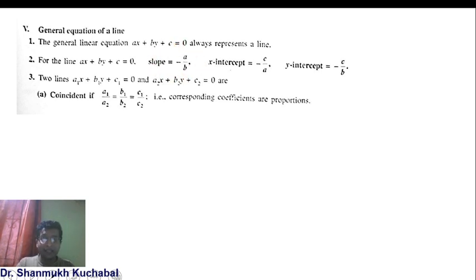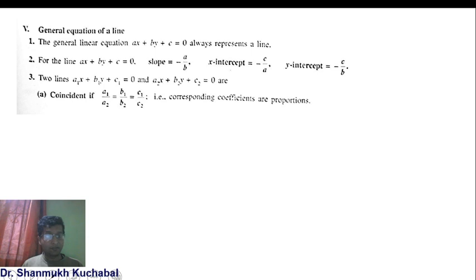The x intercept is minus c by a, and the y intercept is minus c by b. Once again, slope is minus a by b, that is, minus the x coefficient divided by the y coefficient. The x intercept is minus c by the x coefficient, and the y intercept is minus c divided by the y coefficient.